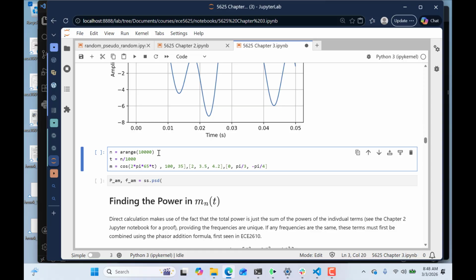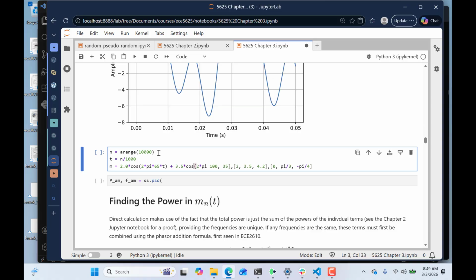And then I wanted to put an amplitude of 2.0 on that, and then I'm going to create a second term over here, which is going to be 3.5 times cosine of 2 times pi.